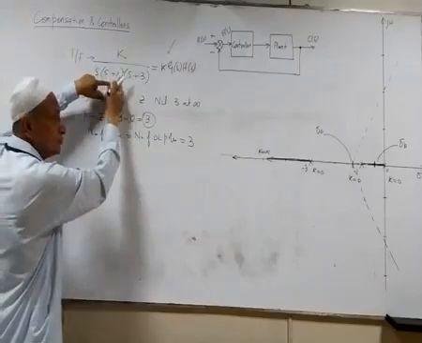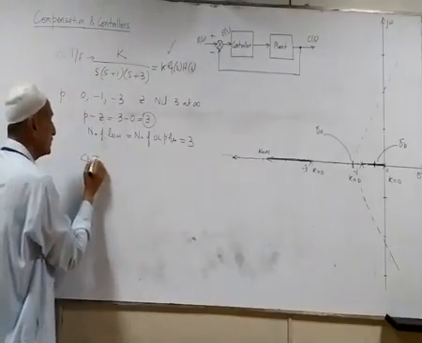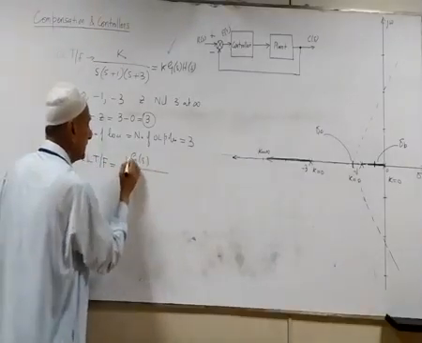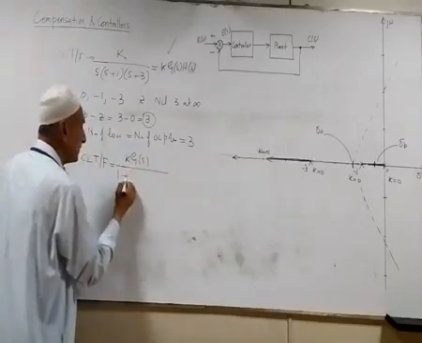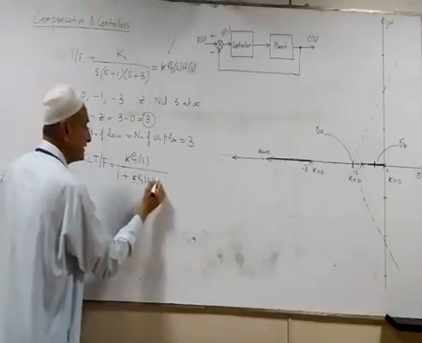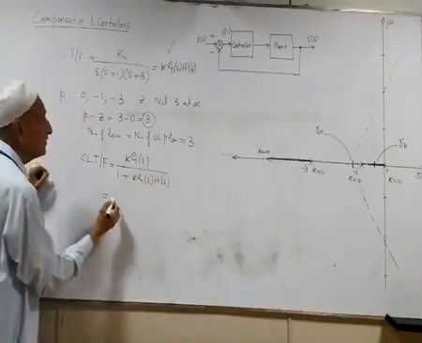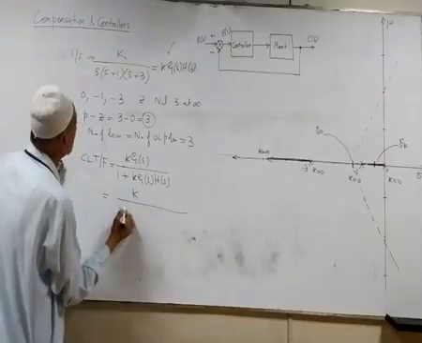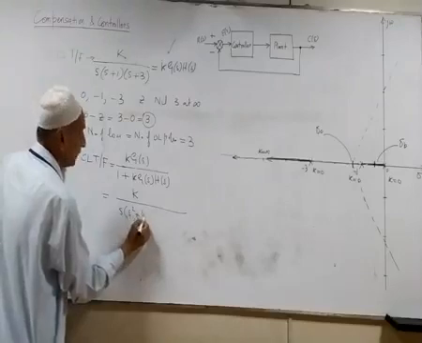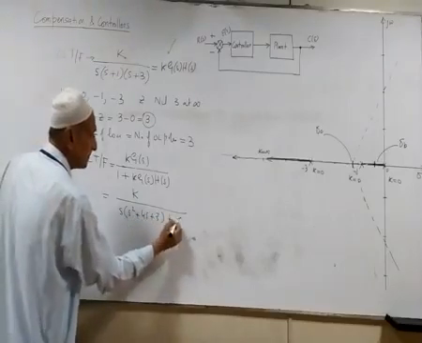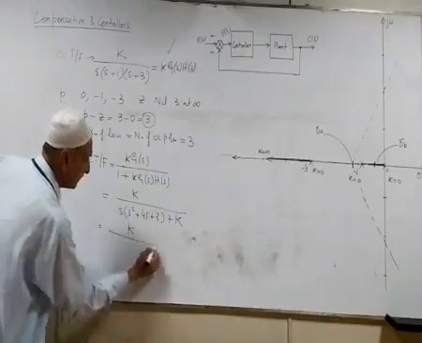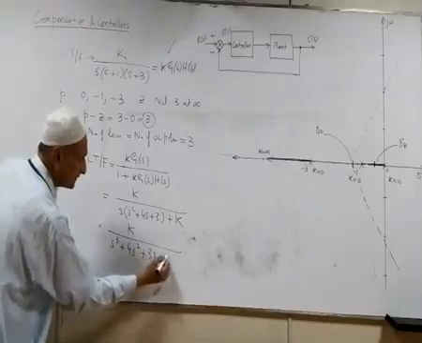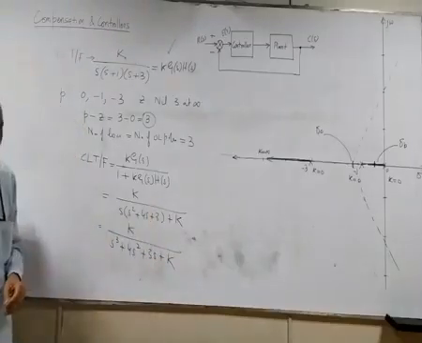The system is a unity feedback system, so the closed loop transfer function according to the formula will be G(s) over 1 plus K G(s) H(s), and H(s) is equal to 1 anyhow, so the transfer function will be K divided by s cube plus 4s square plus 3s plus K. Now this is the closed loop transfer function.